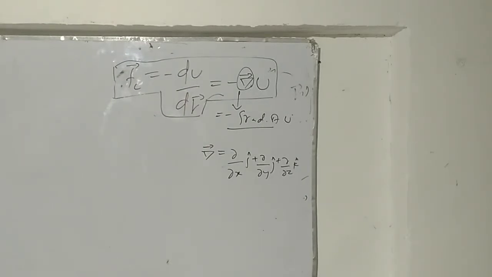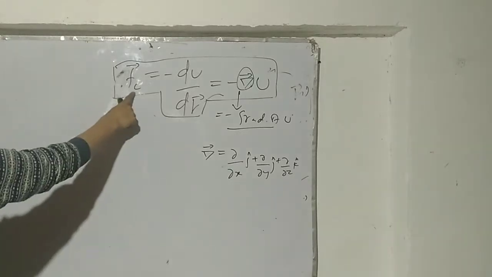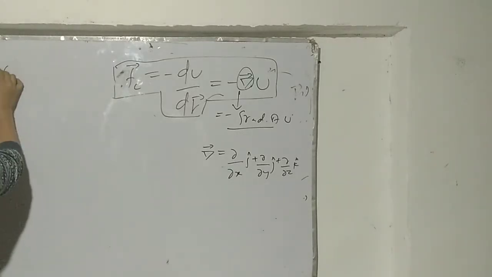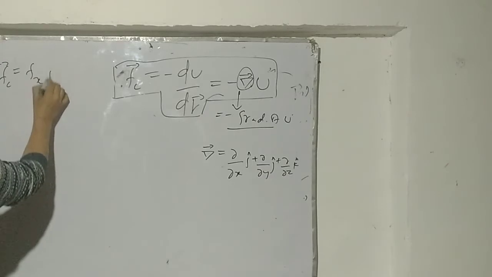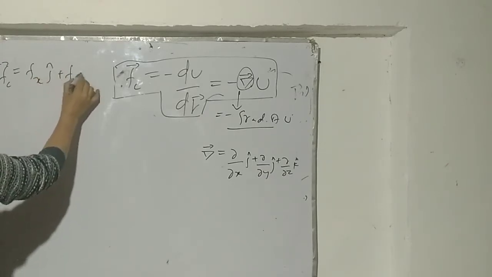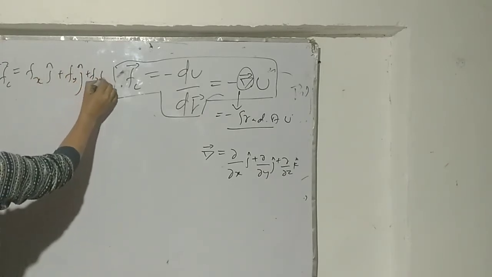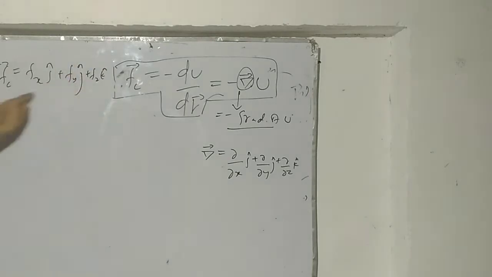So let me start here. I can write my conservative force as F_x i plus F_y j plus F_z k. Here I simply write my conservative force in terms of its components. Nothing to worry about so far.